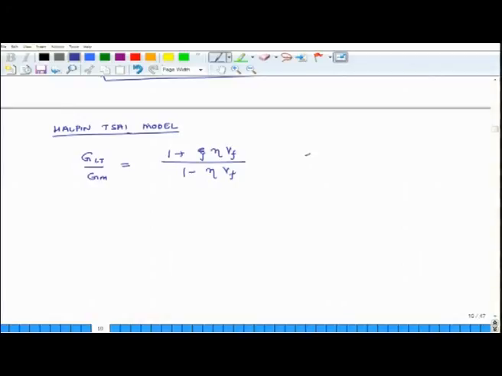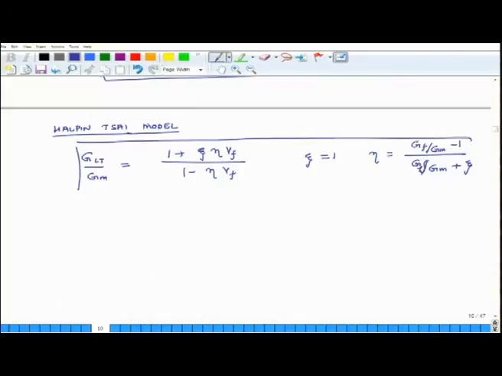Now, here zeta equals 1 for circular fibers, and eta equals Gf divided by Gm minus 1, divided by Gf over Gm plus zeta.